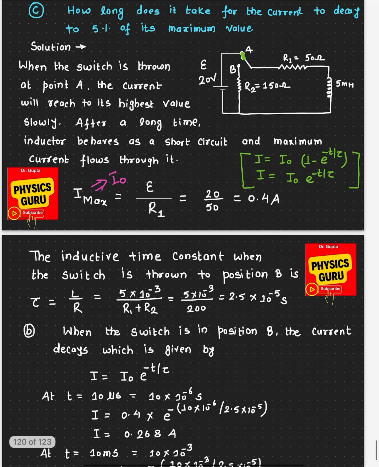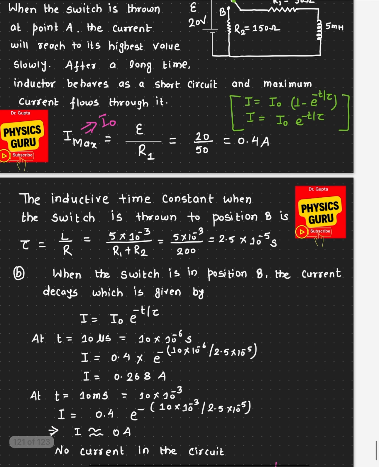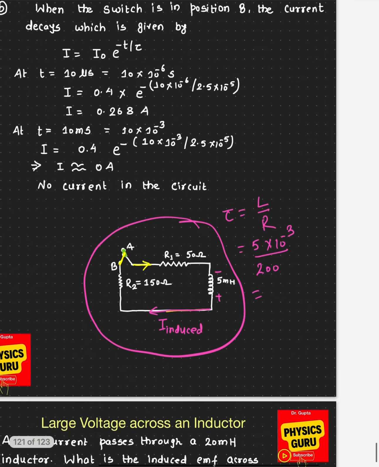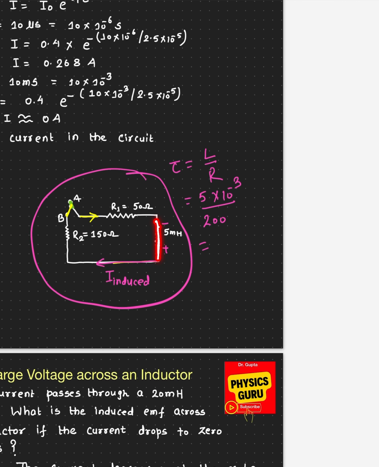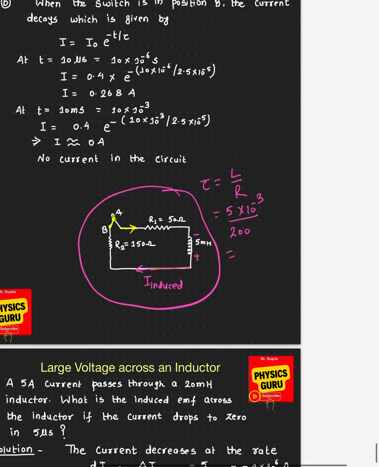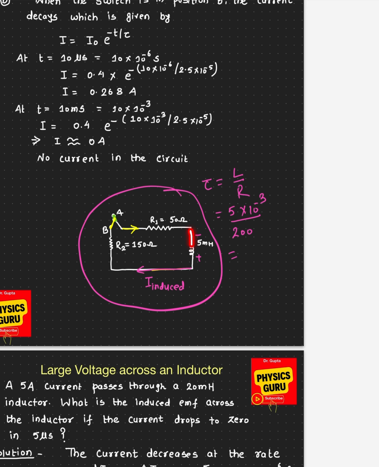Now if you come back here again and look at this equation, at time equals 0, this inductor simply behaves, there will be the maximum current, so this will be simply behaving as a short circuit.